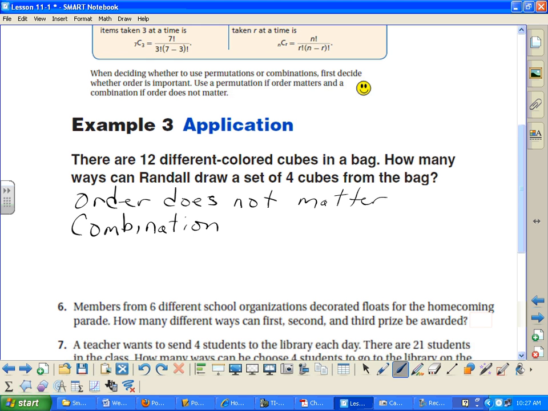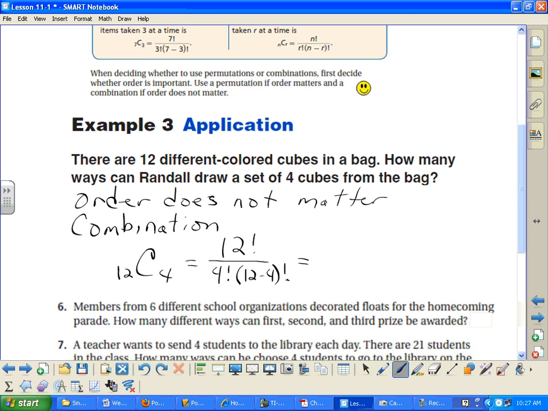My formula is a combination of 12 choose 4. So I'm going to have in the numerator 12 factorial. In the denominator, I'm going to have 4 factorial times 12 minus 4 factorial.